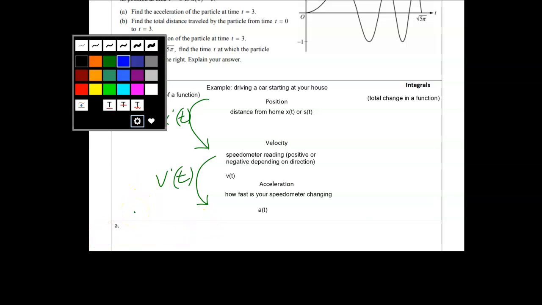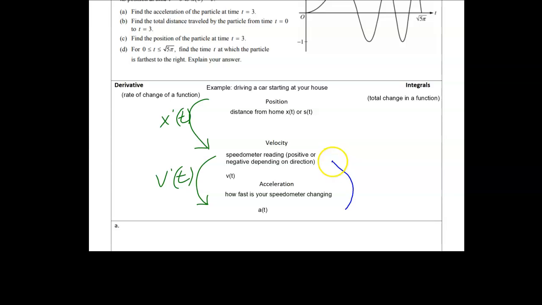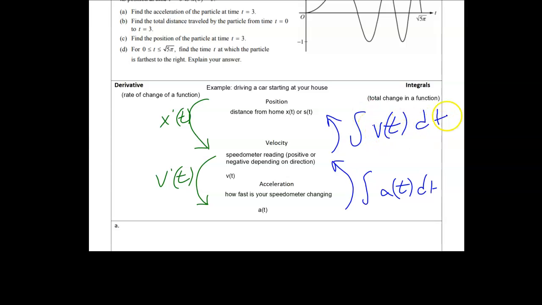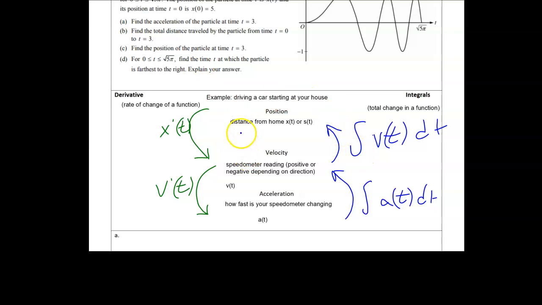And if I go the other way, I'm integrating. So the integral of acceleration with respect to time will give me velocity, and the integral of velocity with respect to time will give me position. That's how we navigate these three functions with our derivatives and integrals. I'm being a little loose with the notation here. We'll continue to work on that, but here I want you to just focus on the relationships.